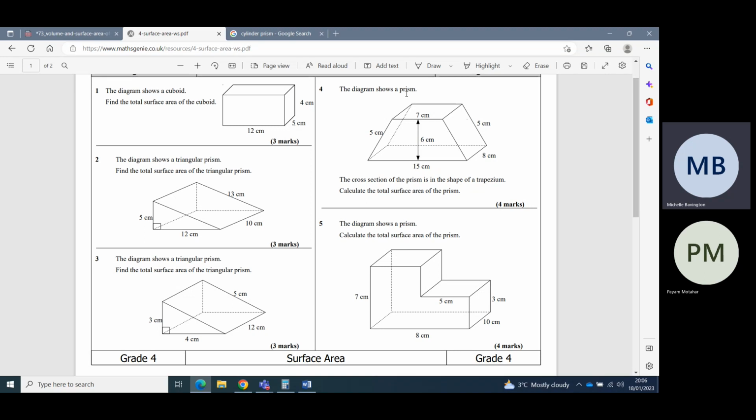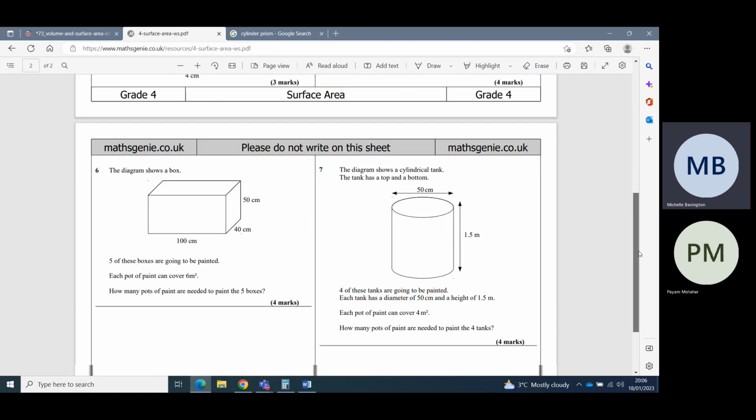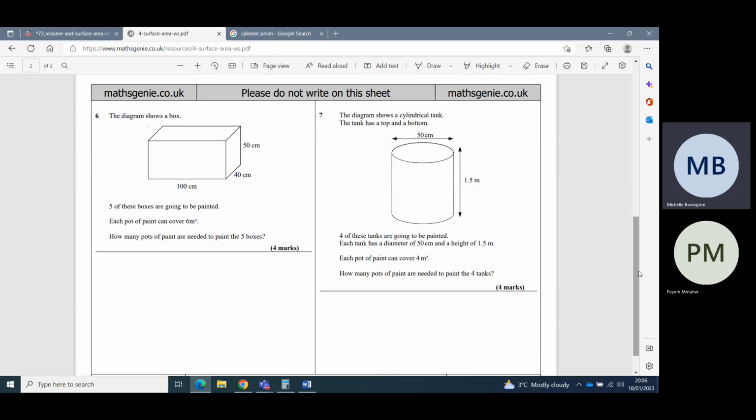You would just have to put in Maths Genie surface area, and this worksheet will come up. You don't need to print it off, just do it in your books, bring it in, let me have a look. And there's the other two. Bring them into class when you've had a go.